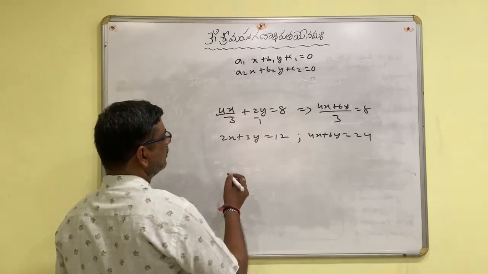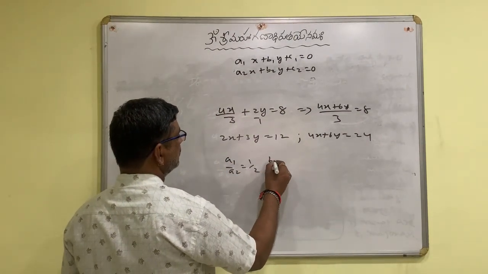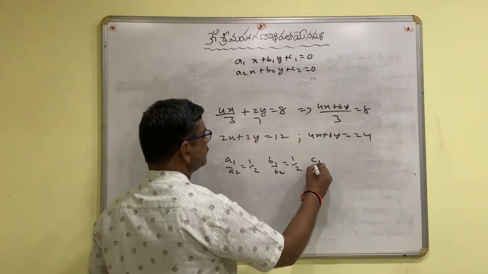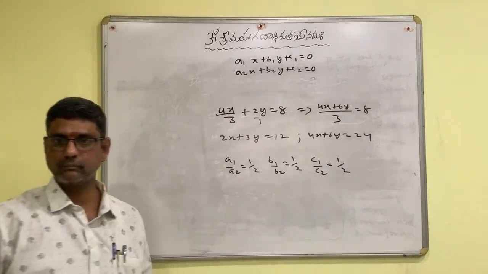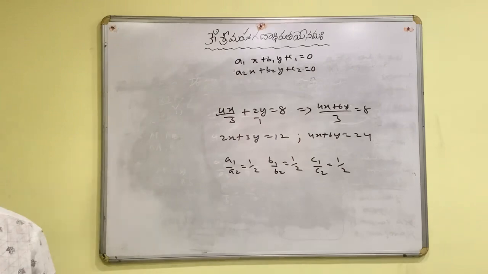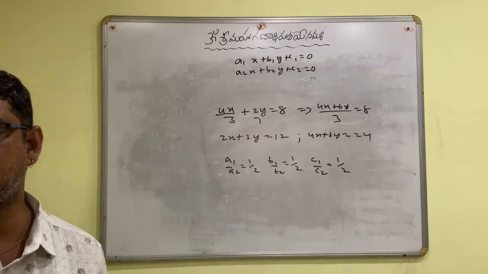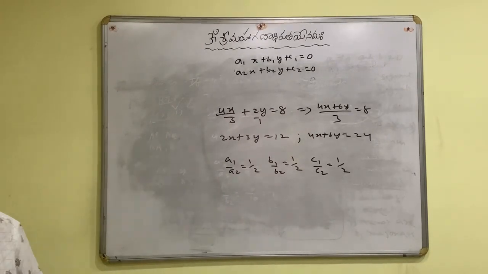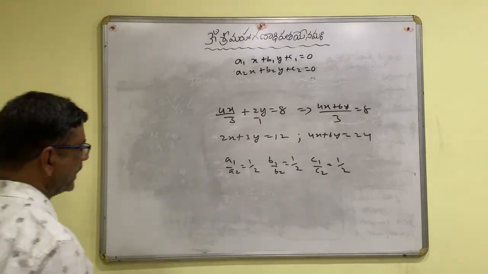So a1 by a2 is 1 by 2, b1 by b2 is also 1 by 2, c1 by c2 is also 1 by 2. So it is a consistent pair of equations.